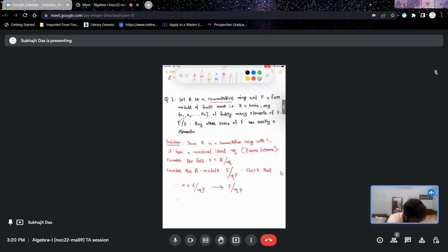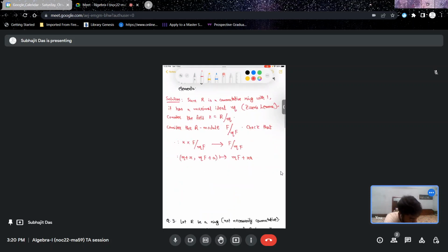It maps an element M plus r, which is an element of the field K, the quotient, comma MF plus a onto MF plus ra. Check that this is a well defined scalar multiplication, that is external composition, or a well defined action of K on F mod MF.